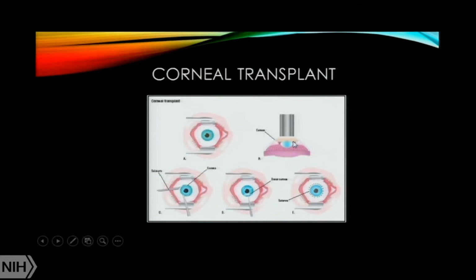It's like a cookie cutter, punching out the section of the cornea you want to replace. You put the donor cornea in because it always fits right in there just perfectly, like it was made to. And then you meticulously suture this cornea in. And I can tell you, having tried this, that it takes a lot of practice getting those sutures meticulously put in there.